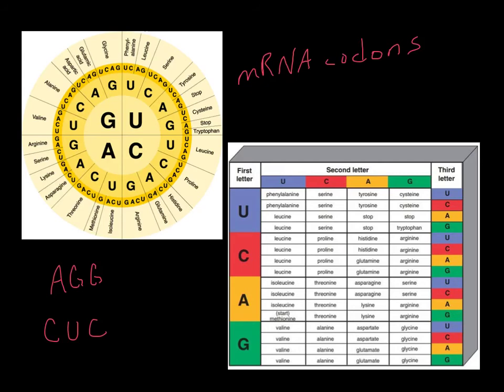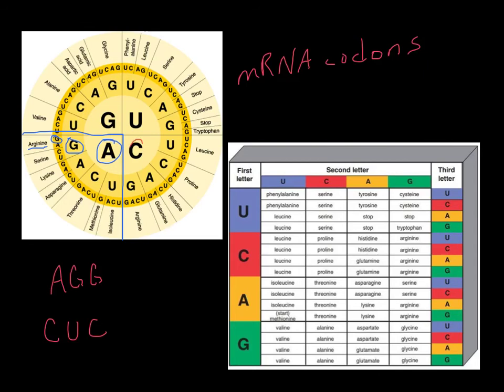So if we use the wheel first, AGG, you start in the middle, go to the second ring, and then the outer ring. So A, and then you will stay in just this quadrant. A, G, to the outer one is G. You have that arginine. For the second amino acid, use the second codon, CUC.